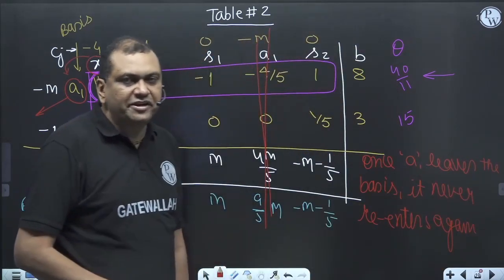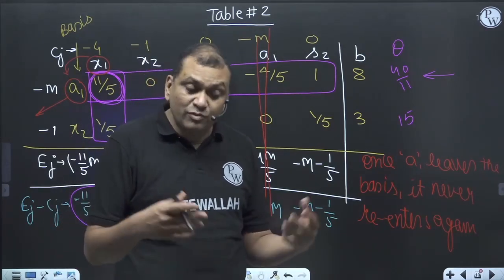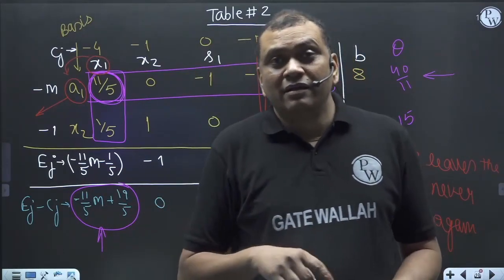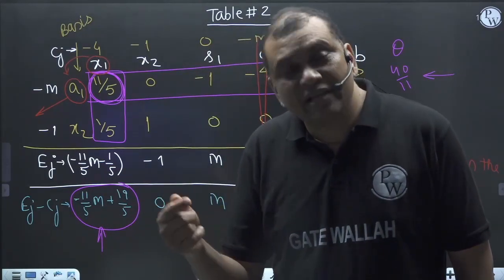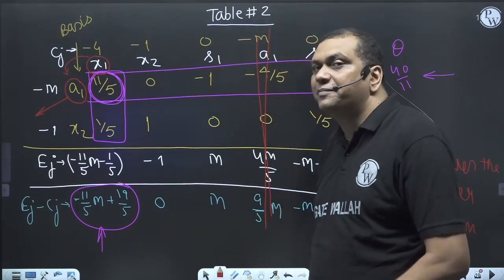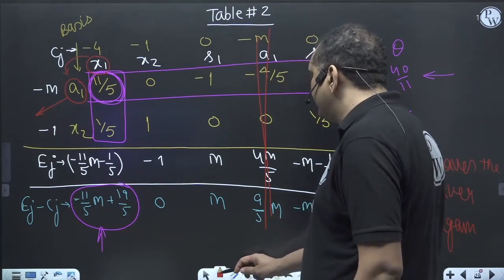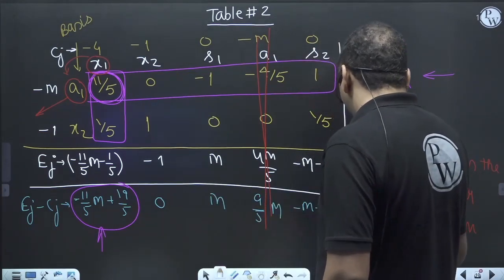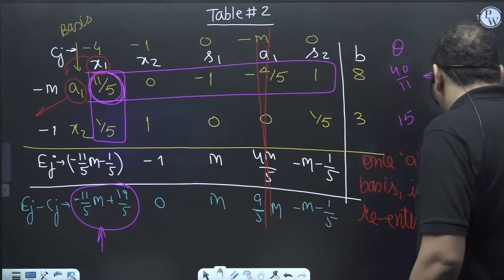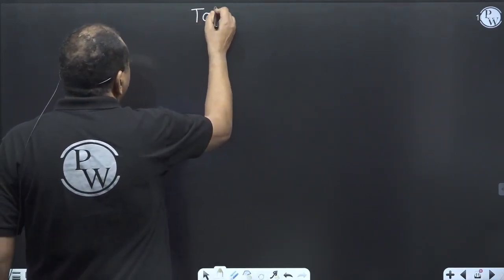Because a loop may sometimes form, a leaving variable may come back after some iterations, but an artificial variable never does. So now let us make the next table again with all these modifications. In the next table, we will not make this column.